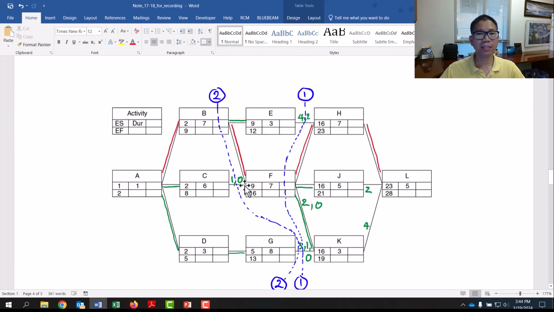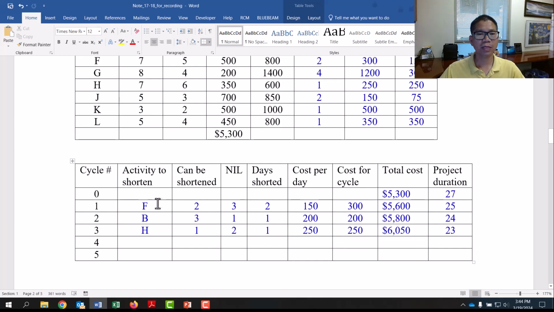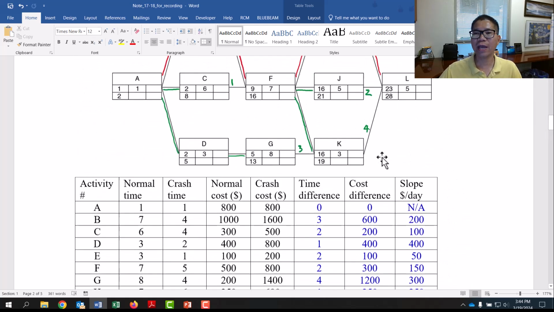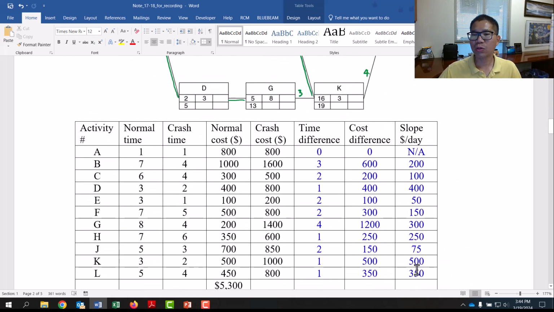Let's see, B, is that 3 days? Yes, 3 days. We only just shortened 1 day. So possibly we can do B as well. But let's see whether that option is cheaper than just cutting L, which will cost 350.